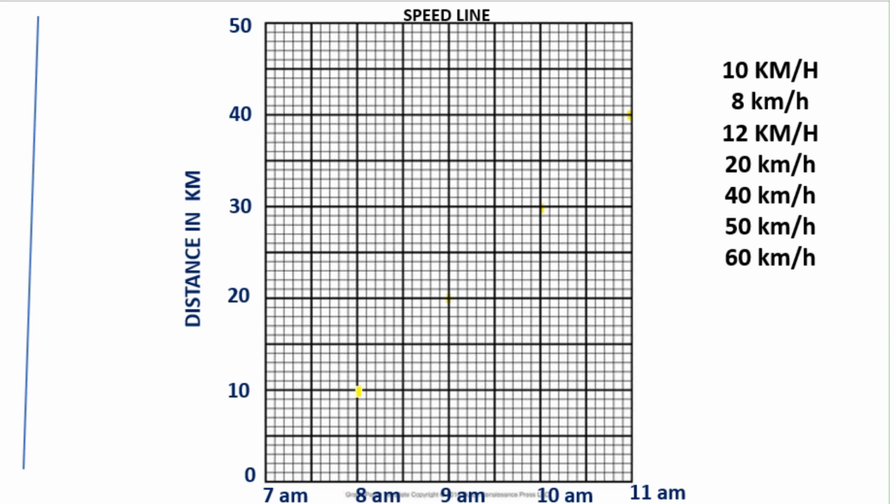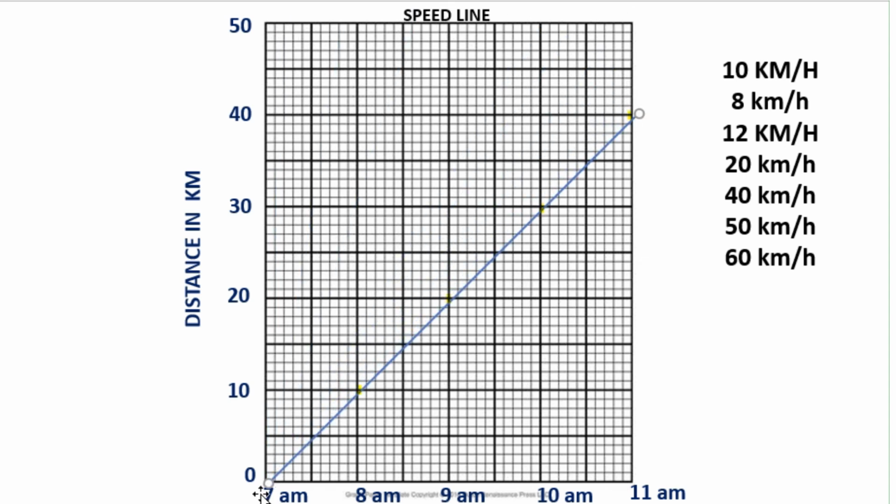The first hour I've covered 10, the second hour another 10, which takes me to 20, the third hour another 10, which takes me to 30, and the fourth hour to 40. So I'll put a line here where my highlighter is. So I put a line from 0 mark to represent a speed of 10 kilometers per hour, like that.